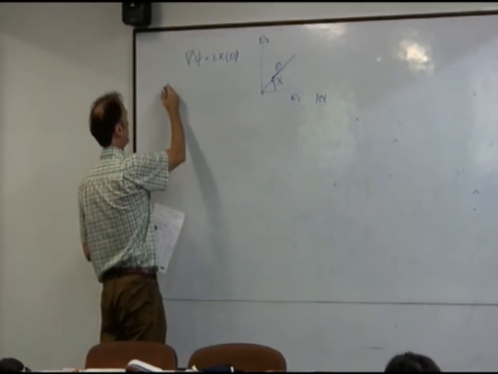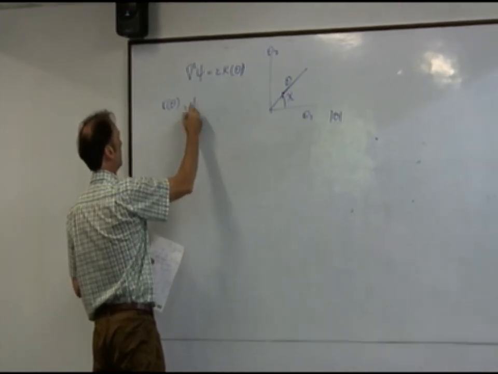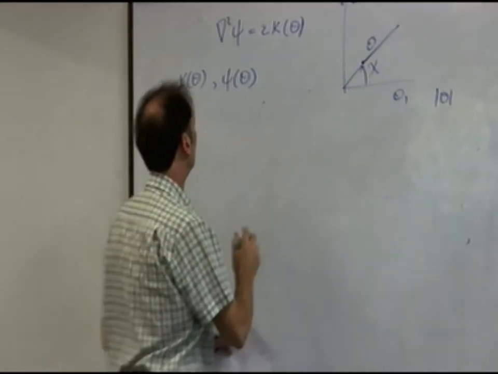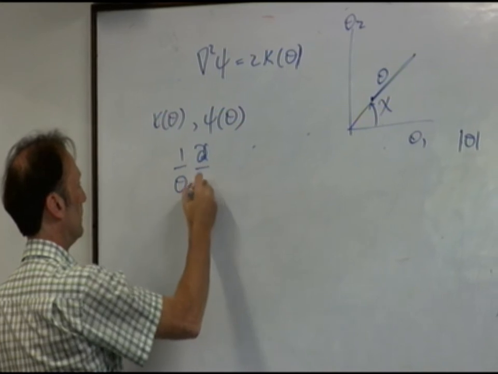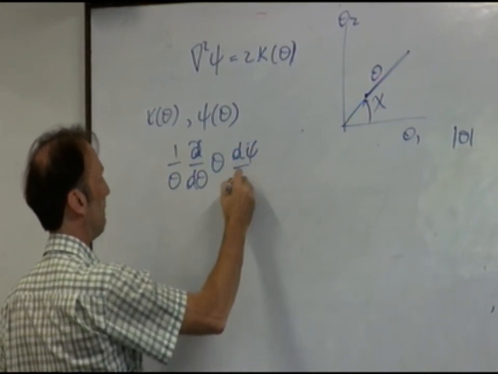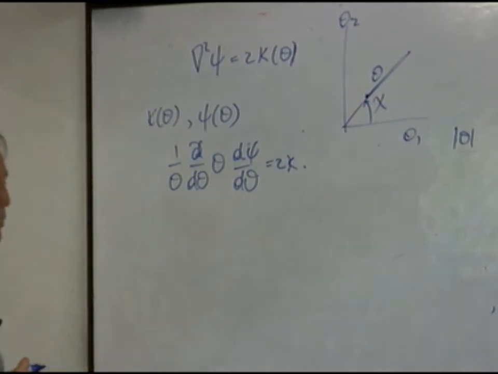And so for an axisymmetric lens, the potential and the surface density only depend on theta, not on the angle. And so therefore we can write the Poisson equation just in polar coordinates.